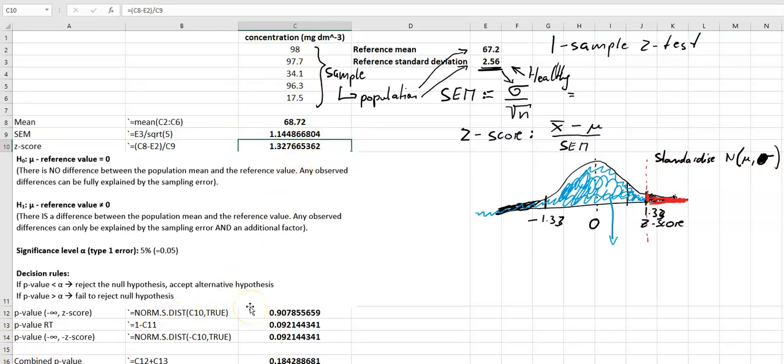And we say we want it accumulated, so we want the entire area under the curve up to this point. And we get a value of 0.91. So there's a 91% probability that the data would lie in this light blue part. So 0.908.